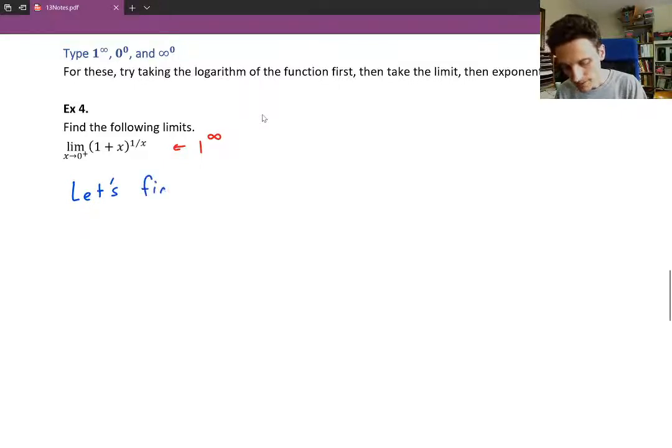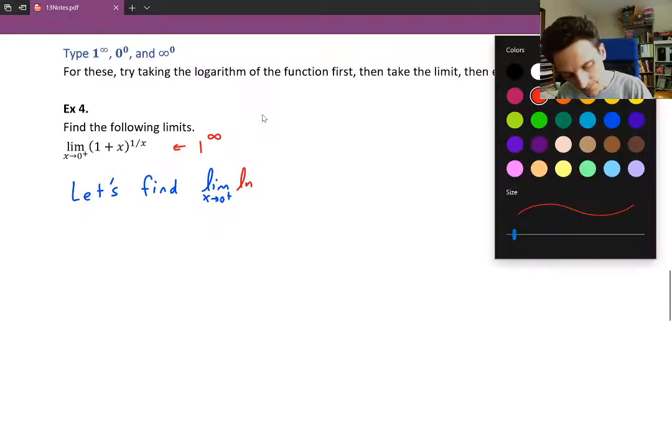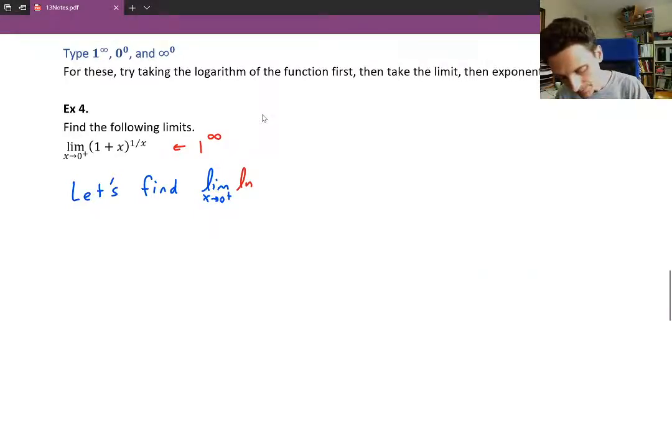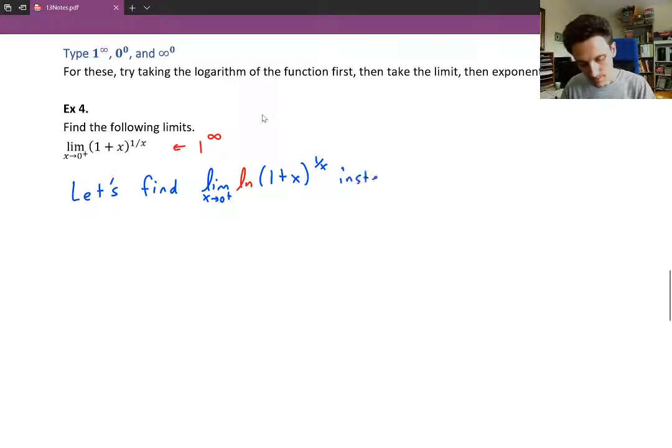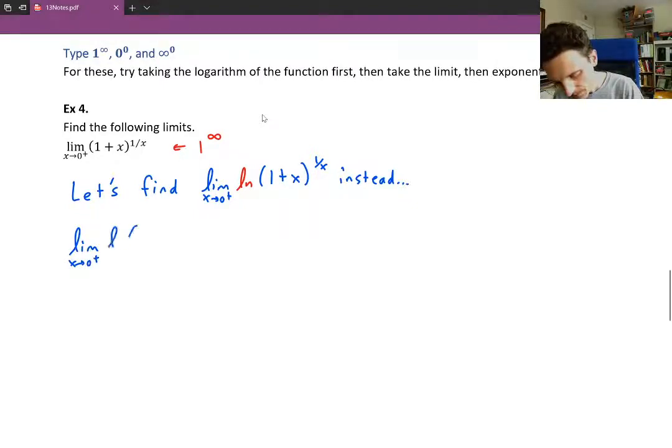Let's find the limit as x approaches 0 from the right of the natural log of our function. So we'll take that down here. Limit as x approaches 0 from the right of the natural log of 1 plus x to the 1 over x.